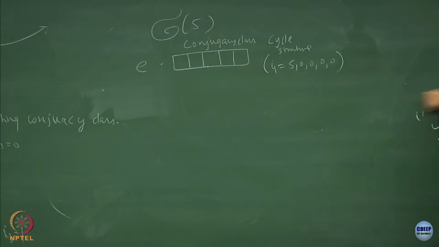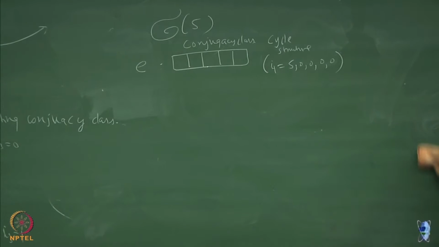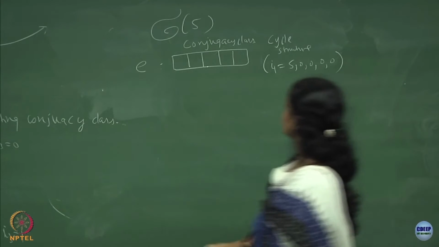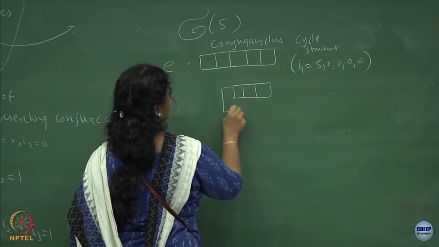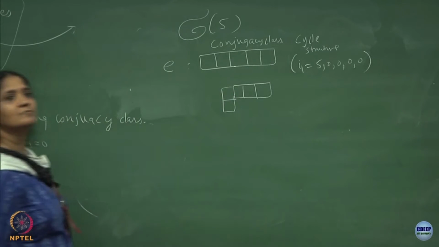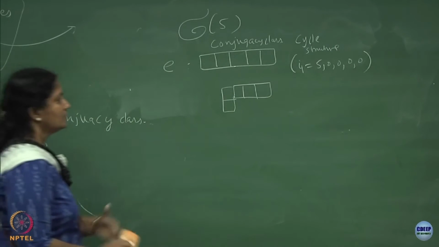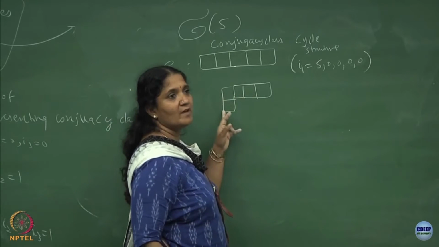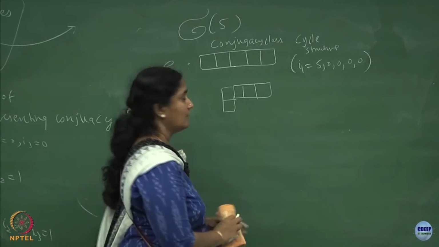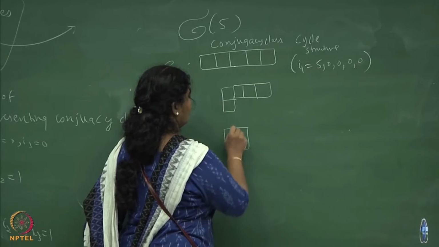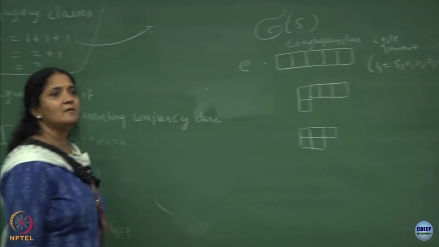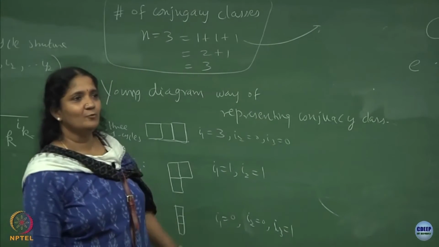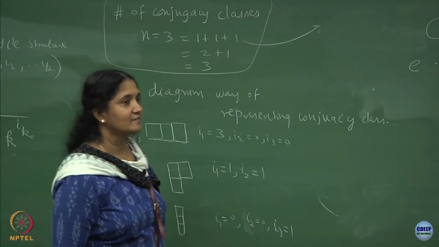The second conjugacy class, how many conjugacy classes can I write? This is allowed. 3 1 cycles and 1 2 cycle will also add up to 5. Then it is also possible. It is so easy to draw diagrams and then we will fix the things.